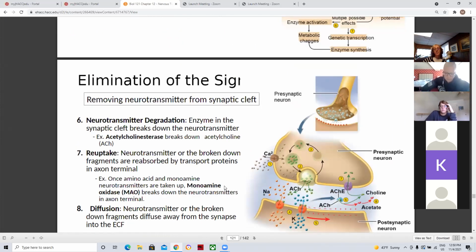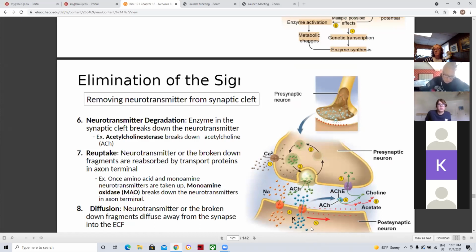One thing that's very important here is we like neurotransmitters. We really like neurotransmitters. They're really important. However, we need to be able to get rid of them when we need to get rid of them. Well, how do we get rid of them? We want them to be here in the synaptic cleft so we can allow this next neuron to do whatever it's going to do.